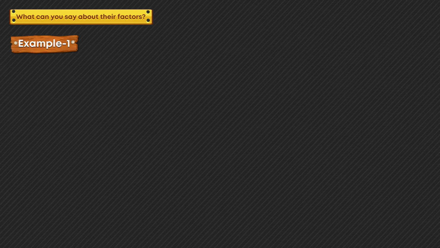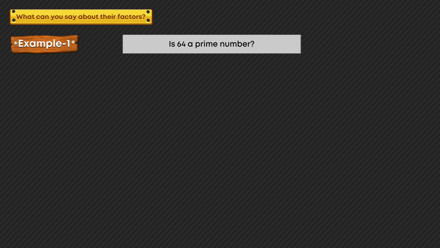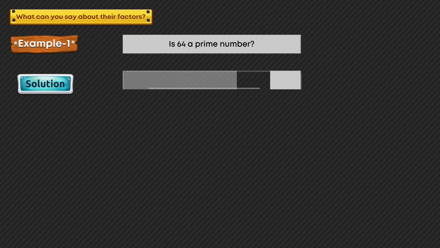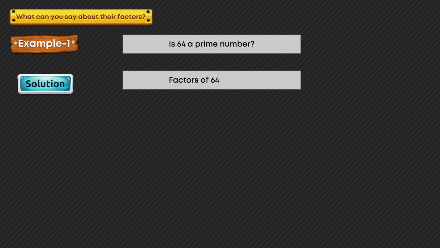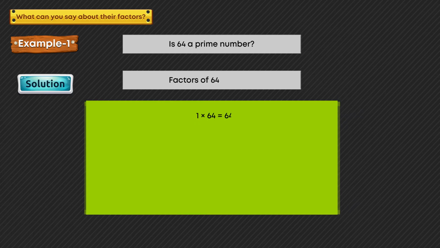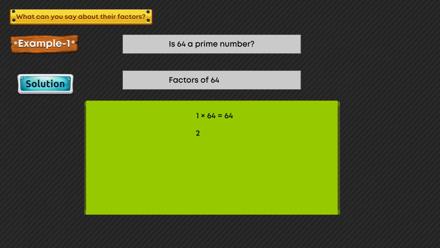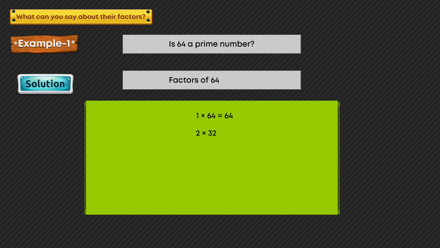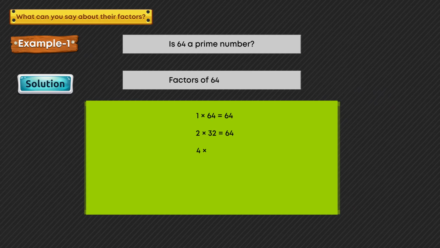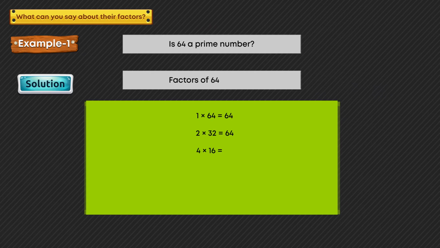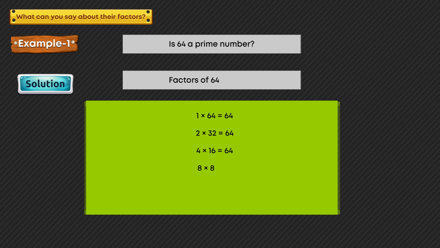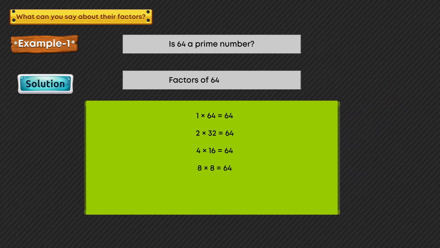Example 1. Is 64 a prime number? Solution. Factors of 64. 1 into 64 is equal to 64. 2 into 32 is equal to 64. 4 into 16 is equal to 64. 8 into 8 is equal to 64.